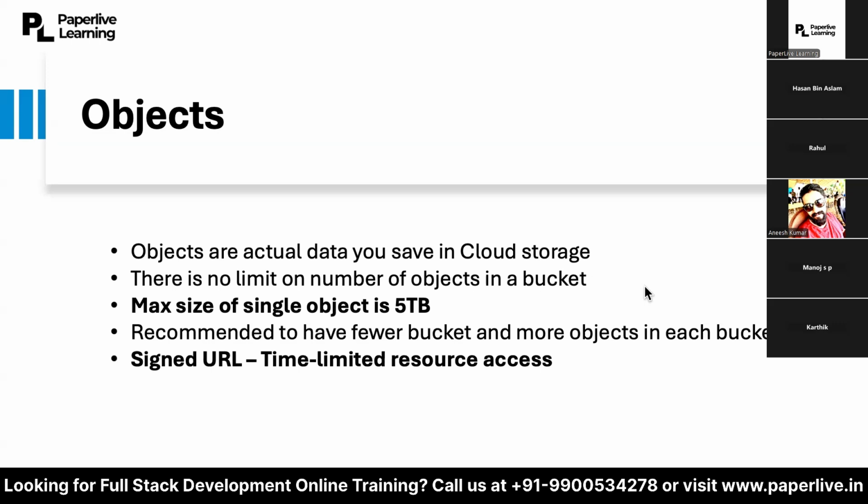While sharing data, in Google Drive you create a link and share it with your friends or whoever wants to access the data. Even after 1 year, that link will be valid. But at an enterprise level, you have an option called signed URL.